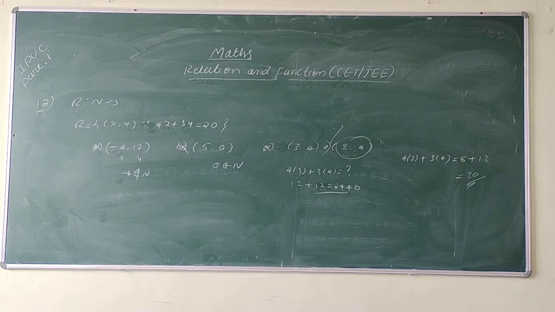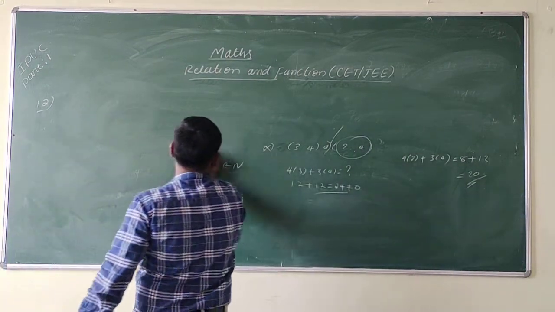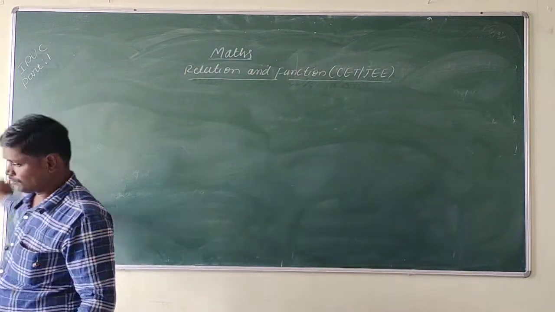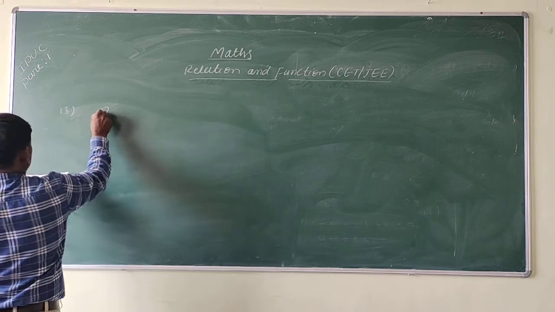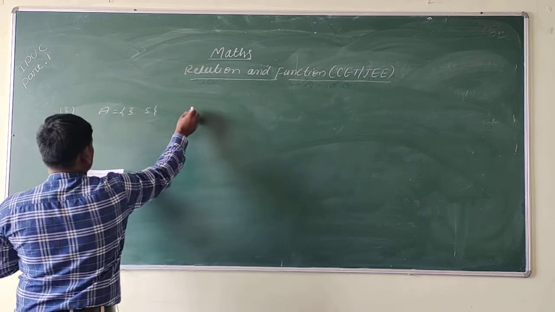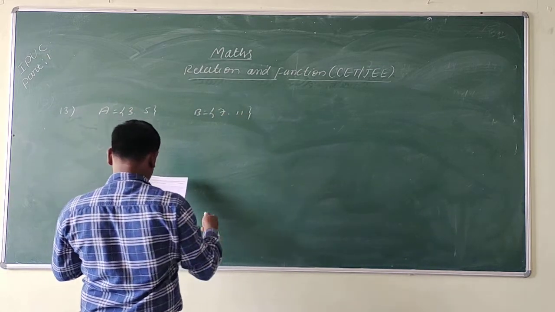So next, question number 13. Let A be equal to {3, 5} and B be equal to {7, 11}.